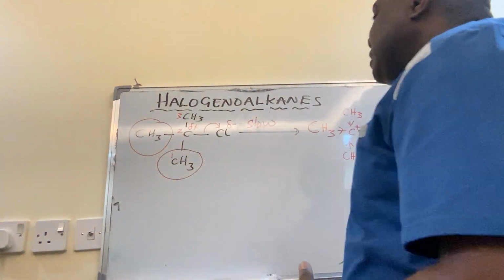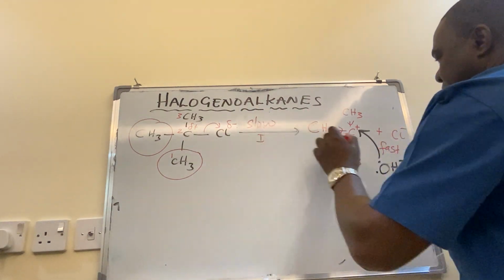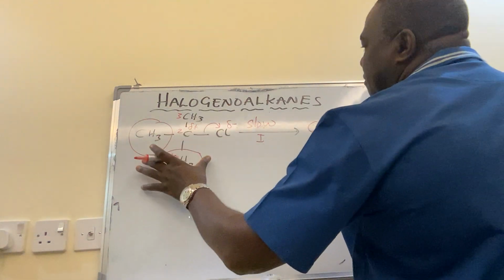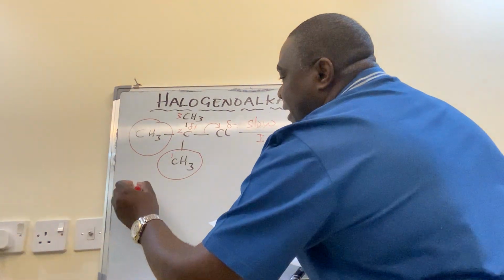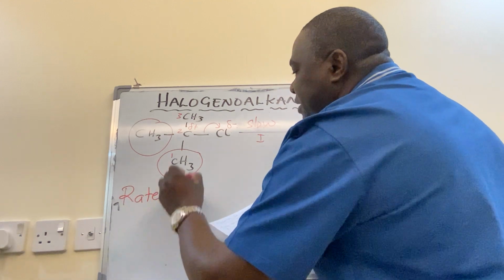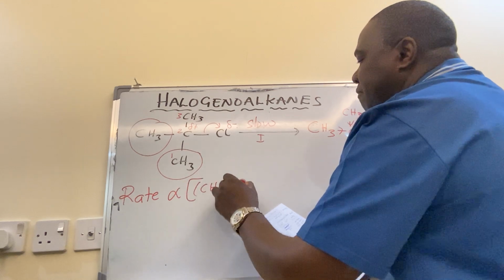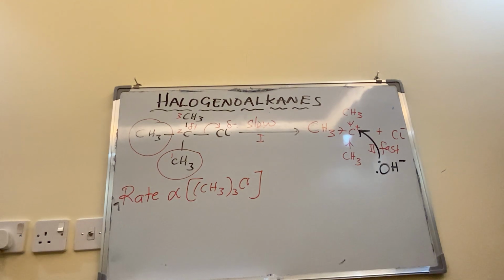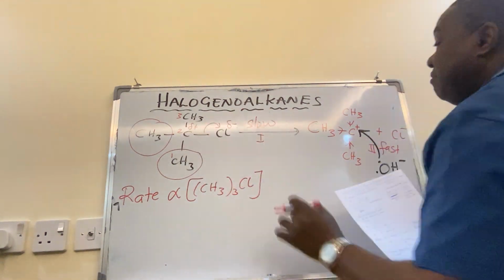So also in organic chemistry, if you have two stages, stage 1 and stage 2, the speed of this chemical reaction is only going to be affected by the slow stage. So thinking in terms of reaction kinetics, the rate of this reaction is only affected by the concentration of our tertiary halogenoalkane, not on the chlorine, because the halogenoalkane takes its time for this bond cleavage to occur.